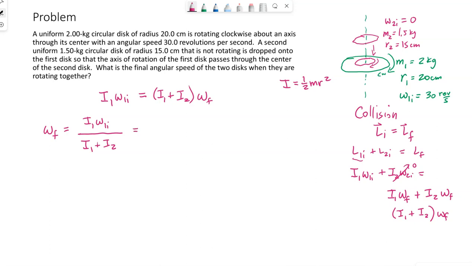So let's go ahead and plug in. These are both disks, and as I mentioned, you can get this equation off the table, either in the test notes or in the chapter. I1 is going to depend upon the mass of disk 1 and the radius of disk 1. So that is I1. And if you wanted to find those before plugging them in, that would be fine.